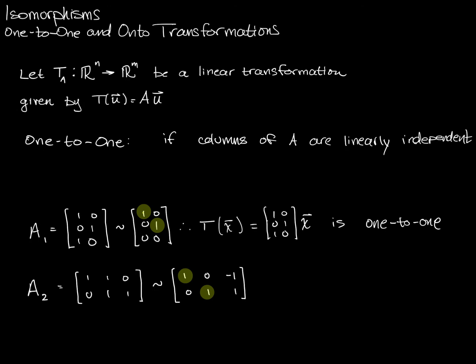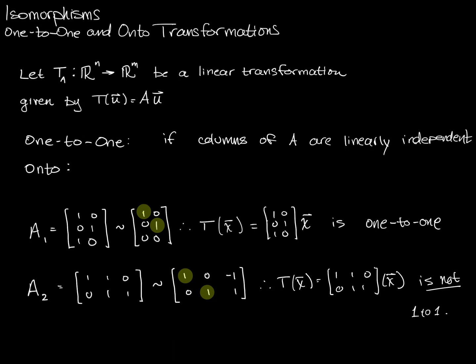This was the matrix from my second example, so this was actually the matrix from my onto example, but I wanted to show you that this is a really quick and dirty way to show that that transformation is not 1 to 1. So I would say here that the transformation of a vector x by this matrix multiplication is not 1 to 1.